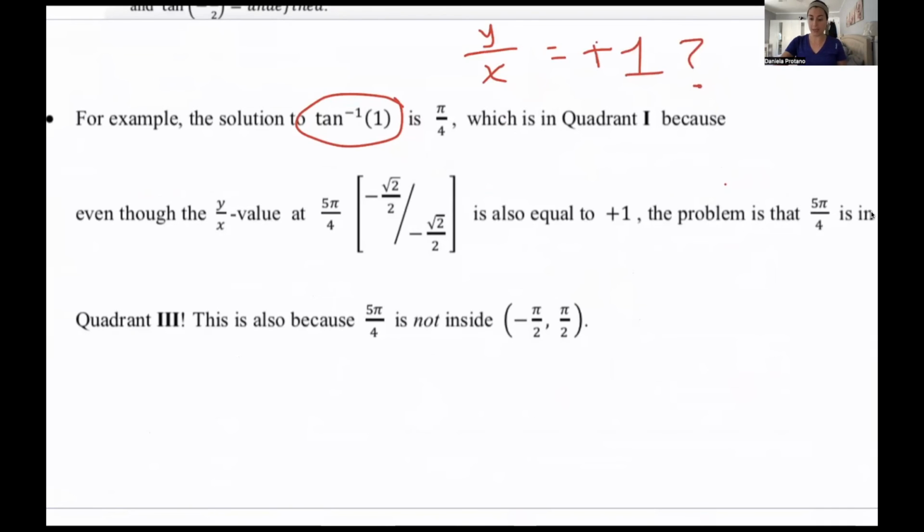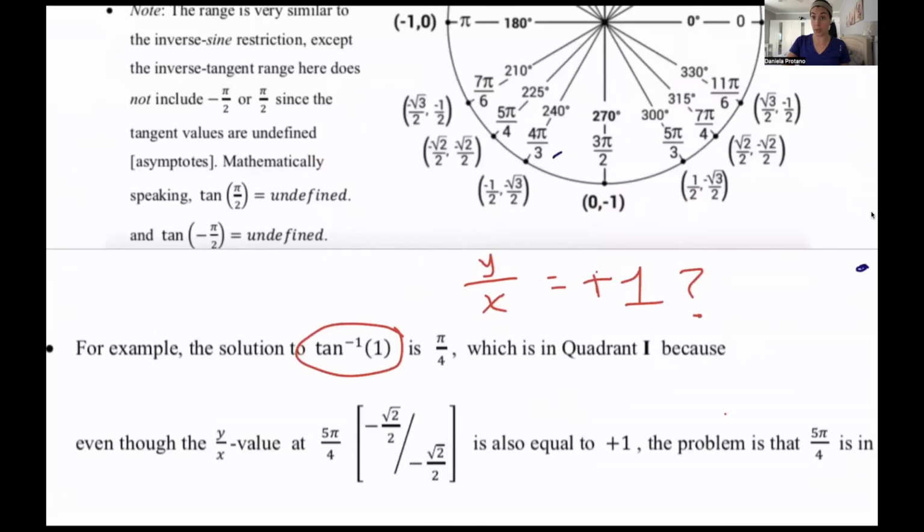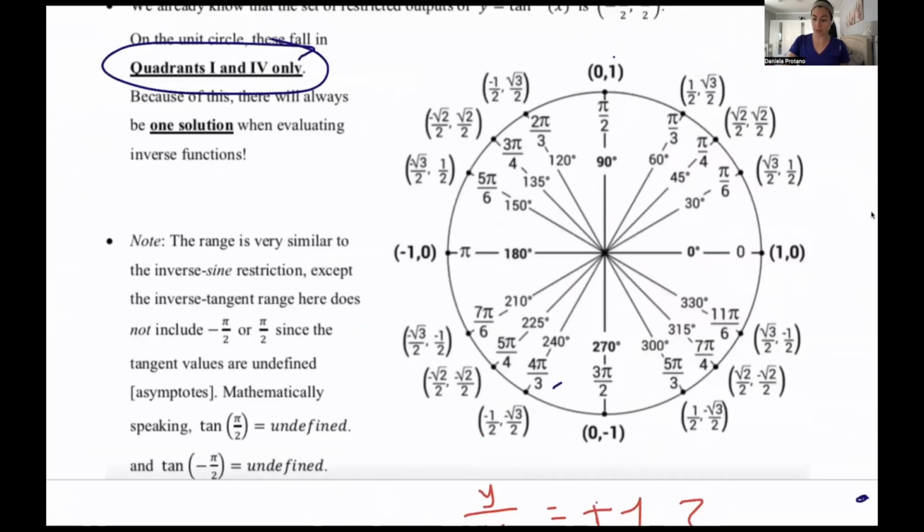Keep in mind, whenever you divide something by itself, you get 1. The only time we see matching x and y values is here: square root of 2 over 2 divided by itself gives us 1. So our correct answer would be pi/4, because we are looking within quadrants 1 and 4.